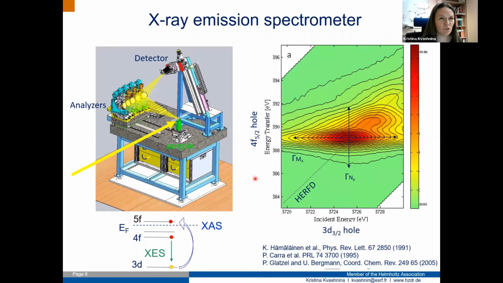I'm not going to talk a lot today about the method itself, or about spectrometers, because you can use different X-ray emission spectrometers to record HERFD data. Many people before me have already introduced this method, and what I'd like to show you today is how it can be used in case of the actinides.